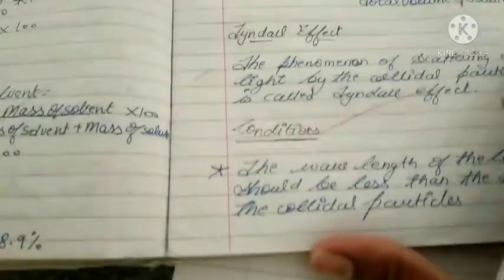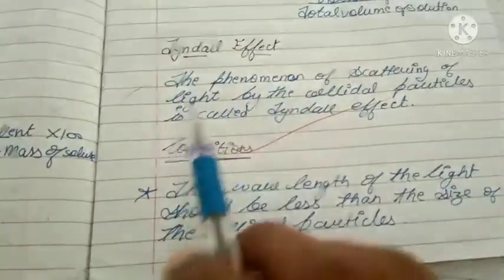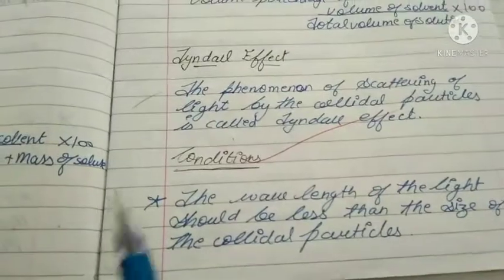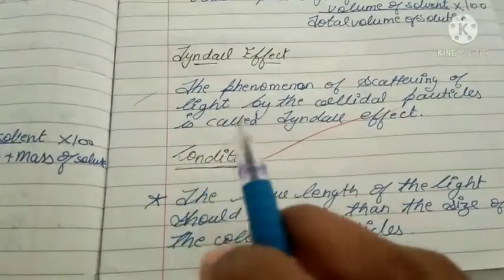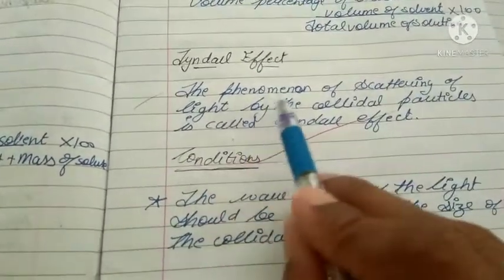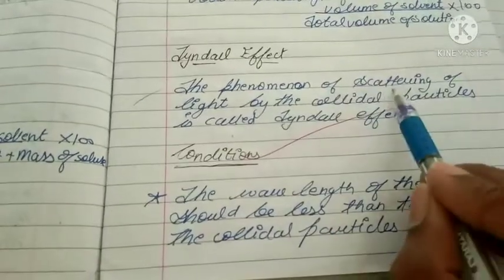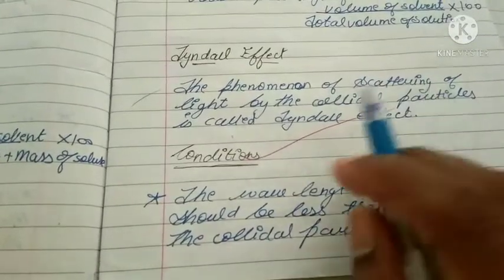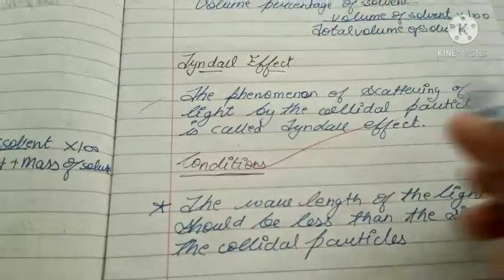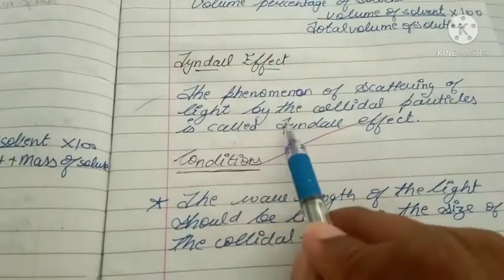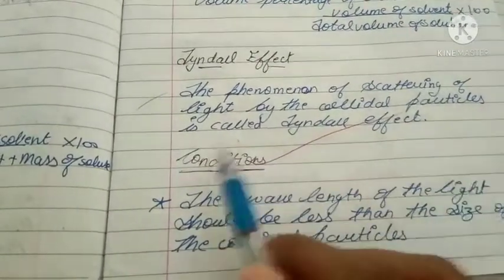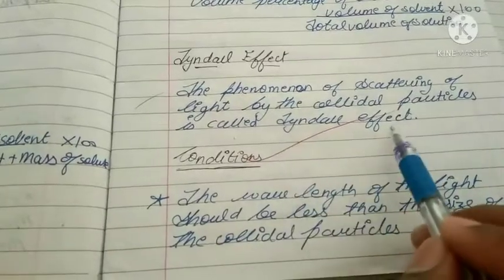Next topic is Tyndall effect. Very, very important definition, students. What is that? The phenomenon of scattering, scattering means splitting of light by the colloidal particles, is called Tyndall effect.